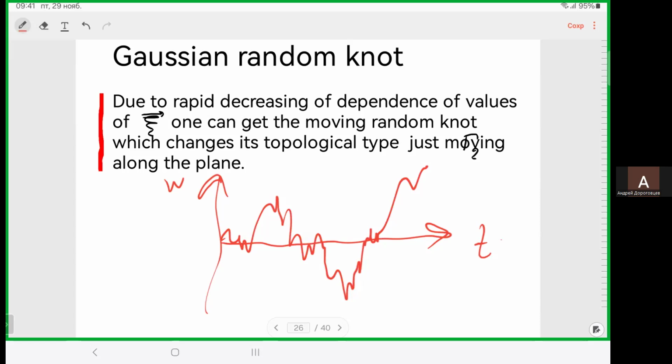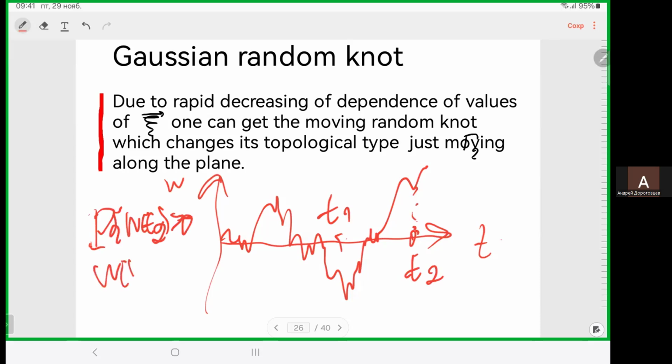If we take two moments, T1 and T2, then of course the probability that W(T2) is greater than 0, exactly as in my picture, and W(T1) is less than 0, is positive. It's trivial. Everybody knows the two-dimensional distribution of Brownian motion.